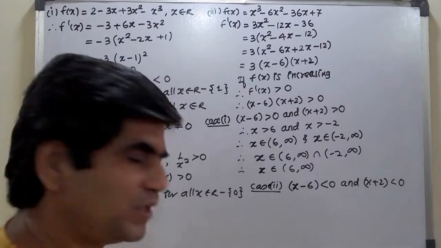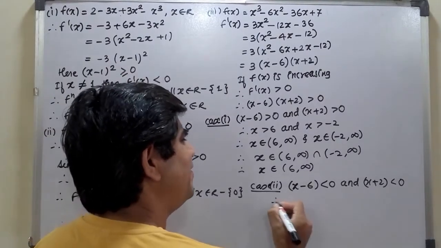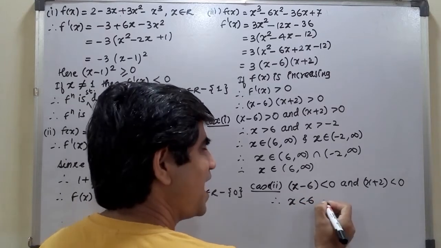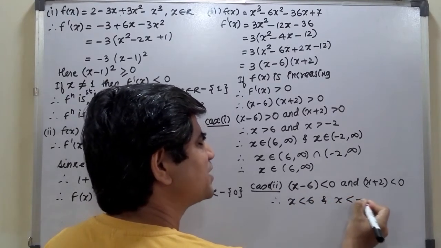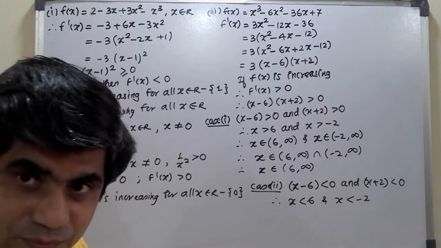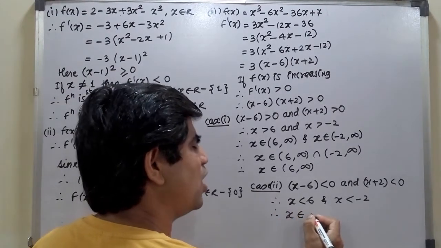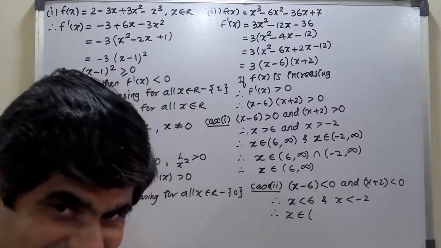Agreed? So obviously I will get here that x must be less than 6, and at that same time x must be less than minus 2. So when I write it in this particular format, x must belong to what? Less than 6.